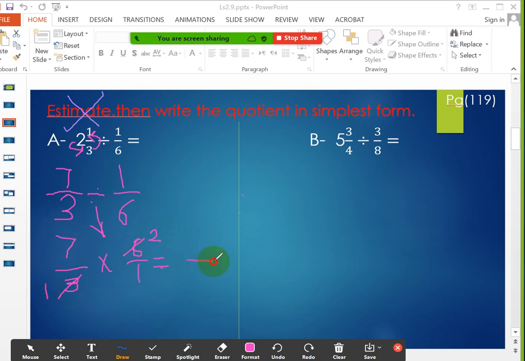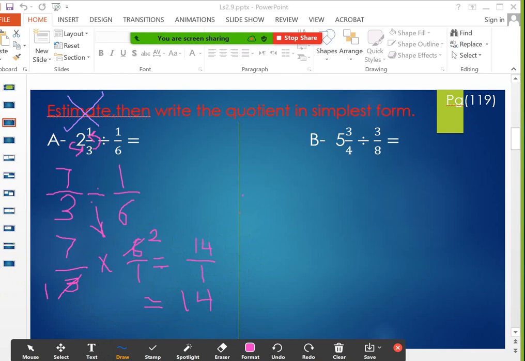Very good. Now 7 multiply 2 is 14. Very good. 1 multiply 1 is 1. 14 over 1 equals what? 14. Yes, thank you so much, Lena. So this is how I will find the answer by using multiplication.